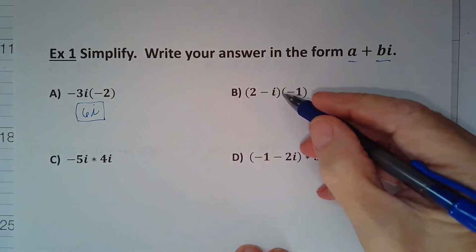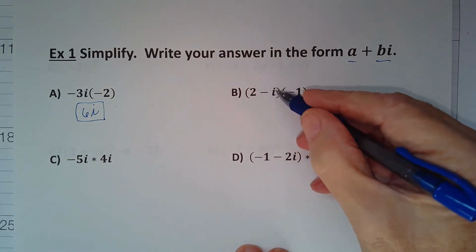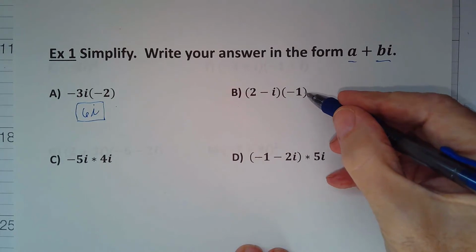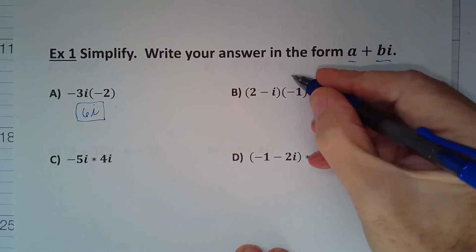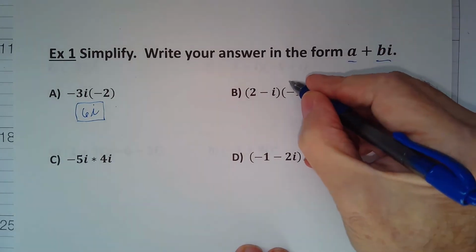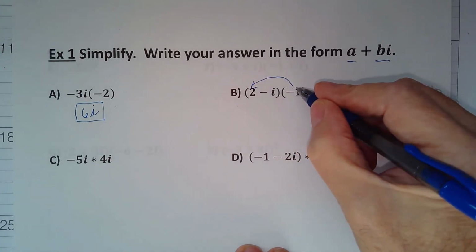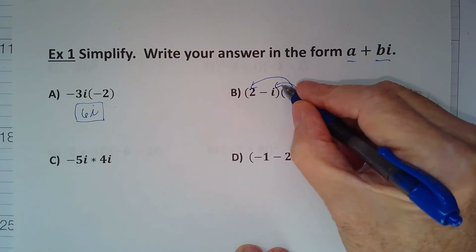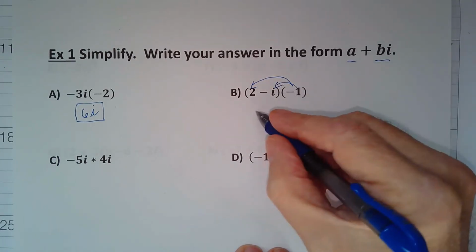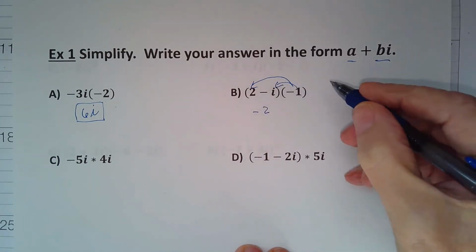All right, and then 2 minus i here is multiplied to negative 1. Now this is really a distribution problem. So we're multiplying 2 times negative 1 and negative i times negative 1. So what is 2 times negative 1? It's negative 2, right?